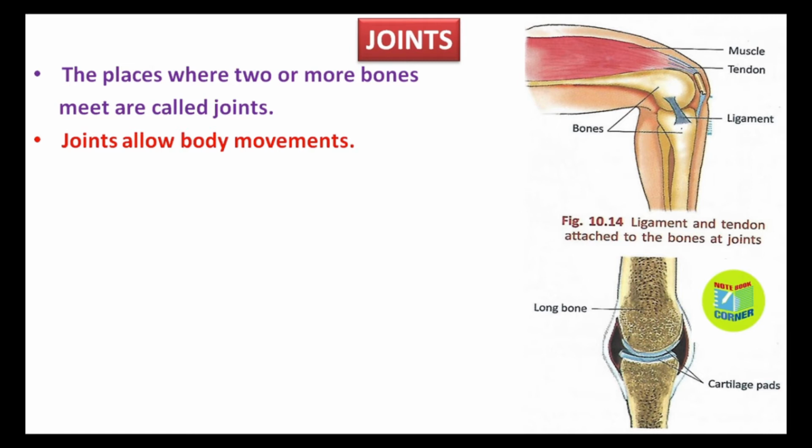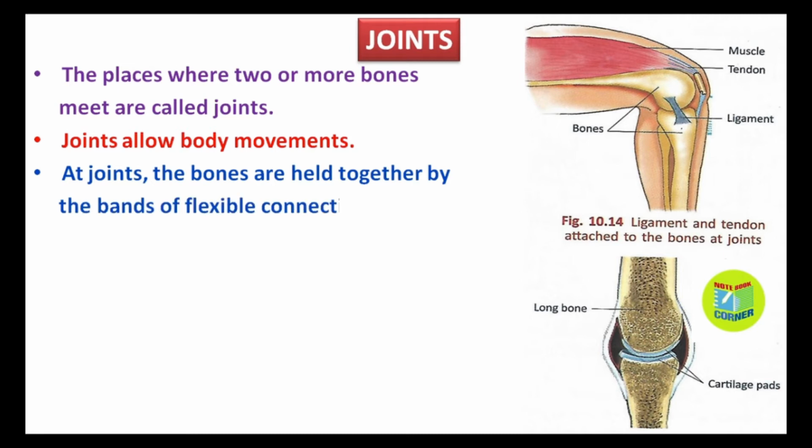At joints, the bones are held together by the band of flexible connective tissue. These bands are called ligaments. They keep the bones in position. The ends of bones are covered with soft cartilage.